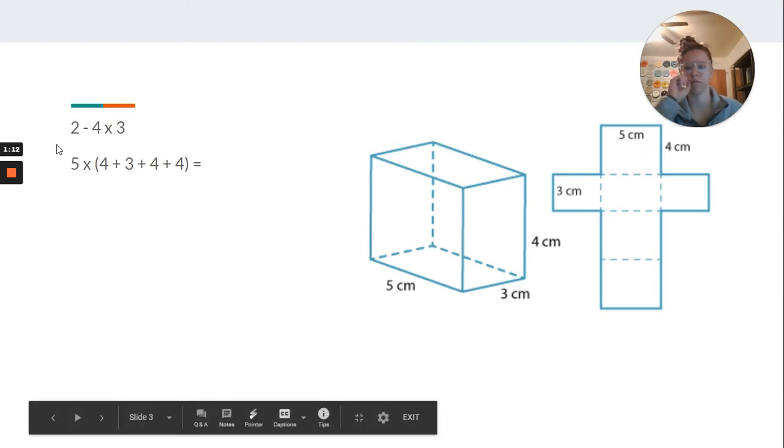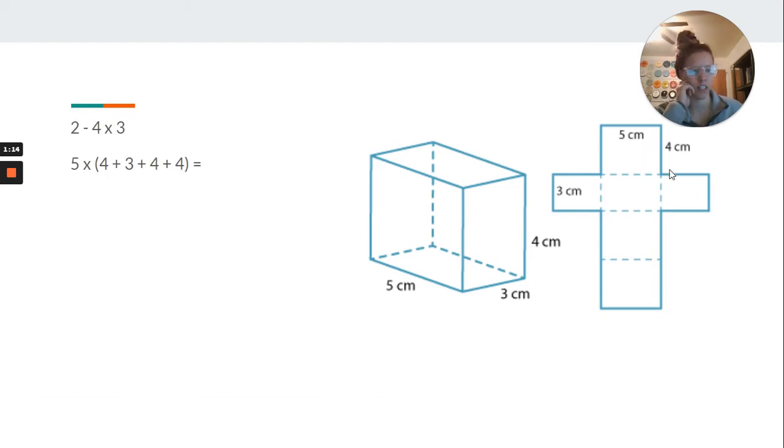So 4 is going to be this measure right here. And so we take 4 times 3, like I said, 2 times for each of these. And then we're going to take 5 times the length of each of these. So we have 3, 4, and 4.